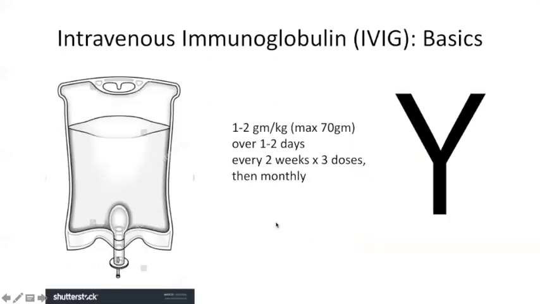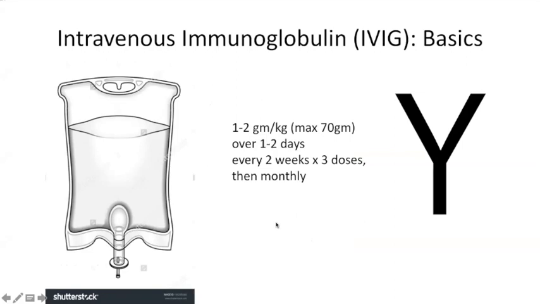So the last medication I'll be talking about today is intravenous immunoglobulin, or IVIG. So as you can see in the name, this is a medication that has to be given via IV, so you have to have an IV placed, and it's given over many hours. The dose is usually by weight, so it's 1 to 2 grams per kilogram.